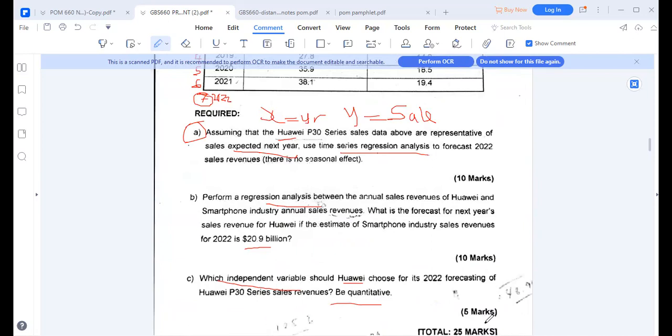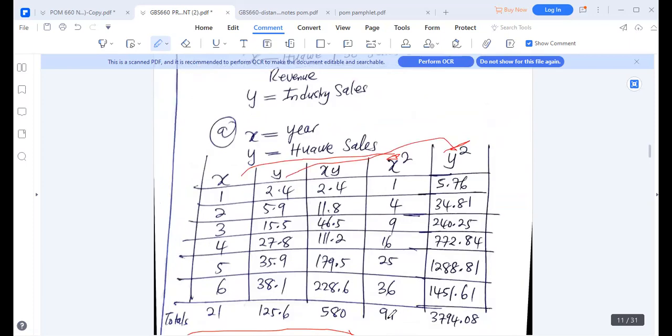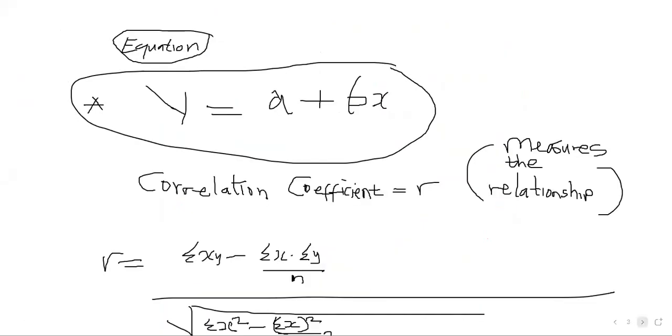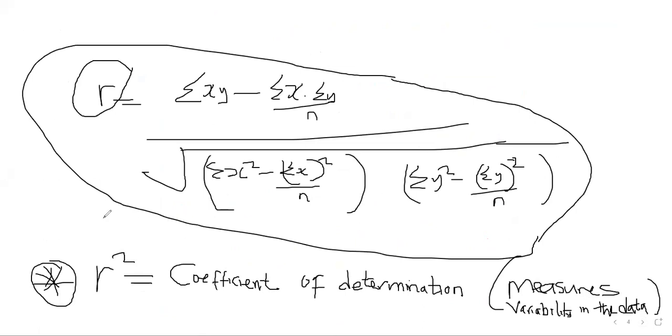So what is happening here? We need to find the one which gives us the higher correlation coefficient or the higher coefficient of determination. So we need to go for the one that will give us the higher coefficient of correlation, number one, and then the higher coefficient of determination. So this is just about what we need to go for.